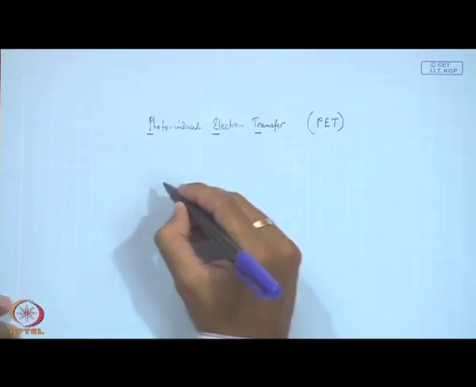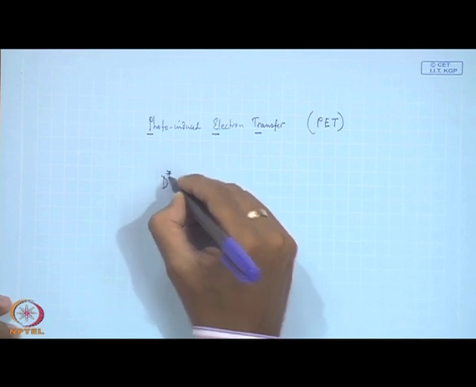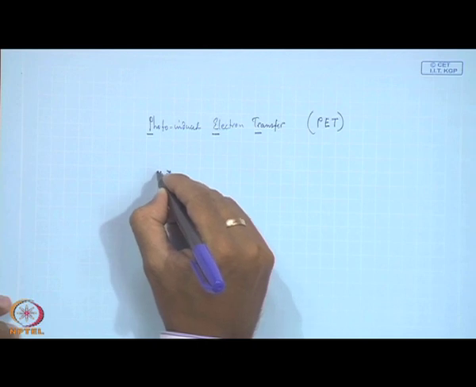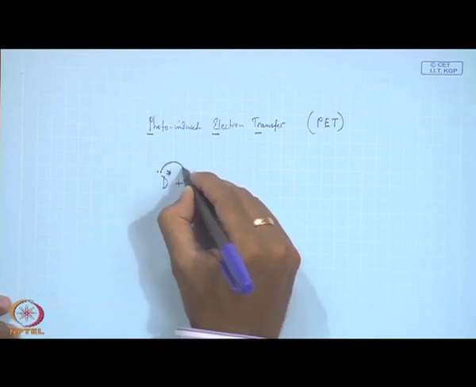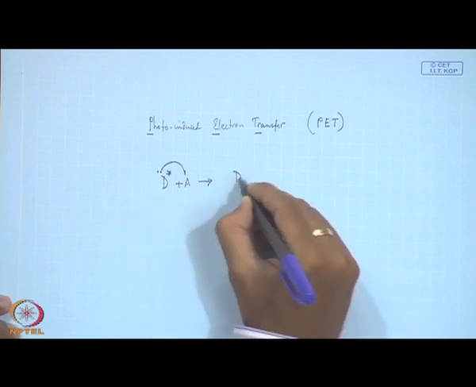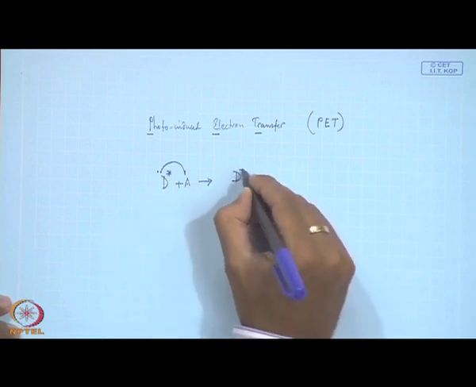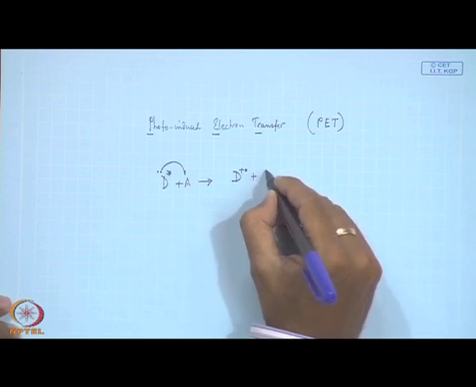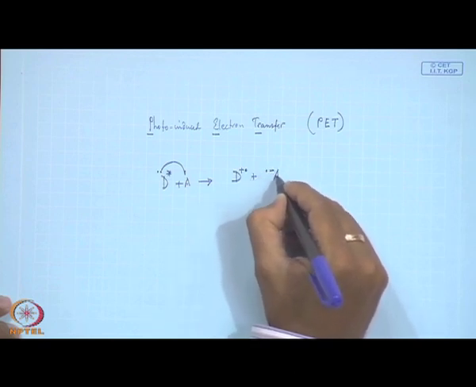What will happen, let me say D star plus acceptor. Suppose there is a pair of electrons, this electron will come over here, so that you will get D plus dot and A minus dot.